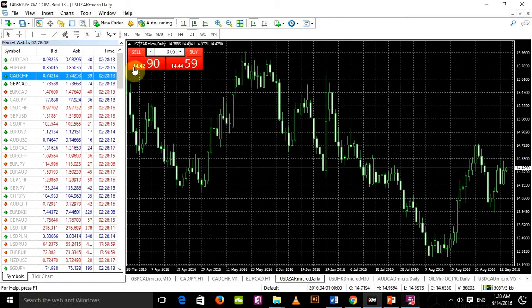It's not a big difference from the market price. The broker has given me a price whereby I can sell or buy that currency pair at 14 rands 0.4461.